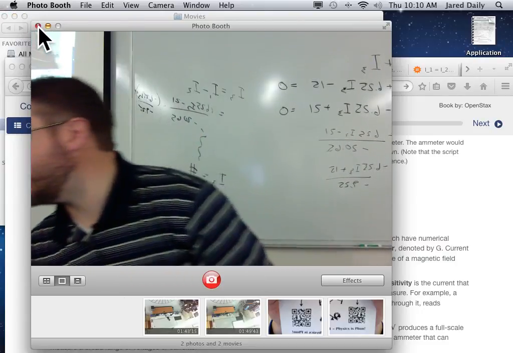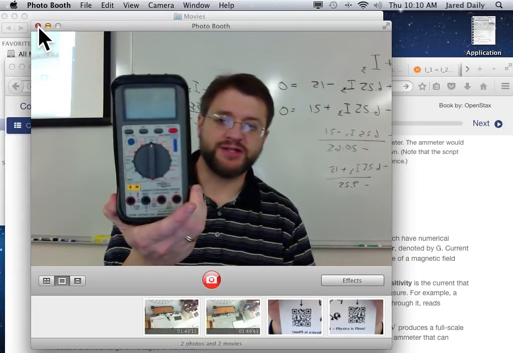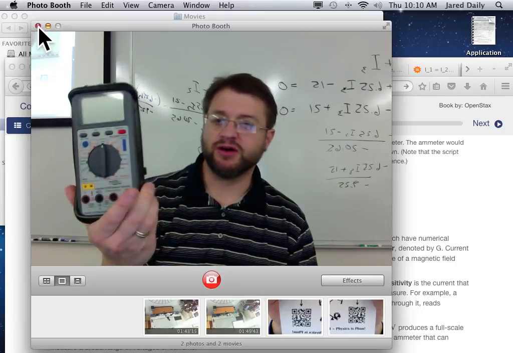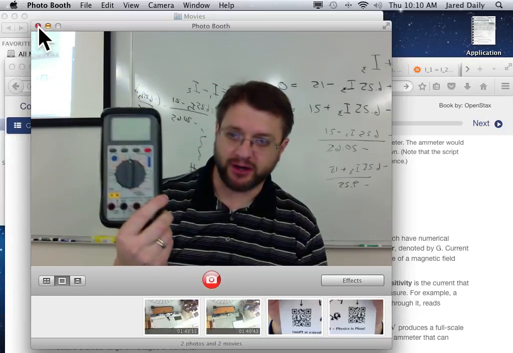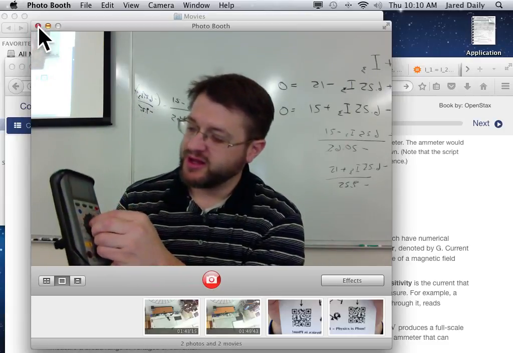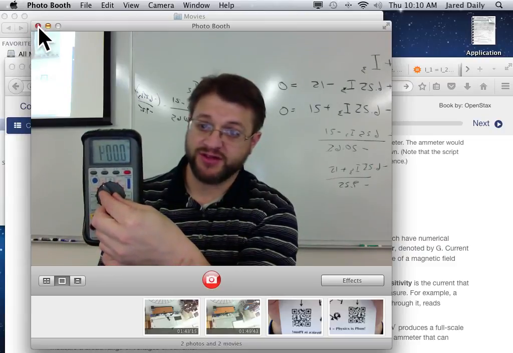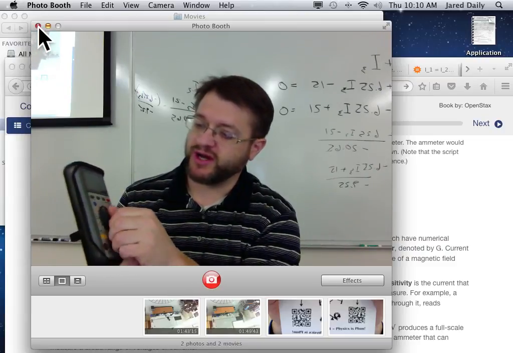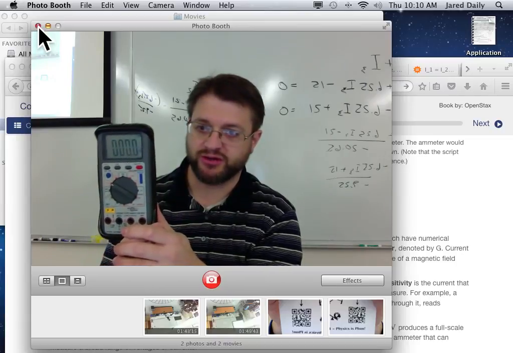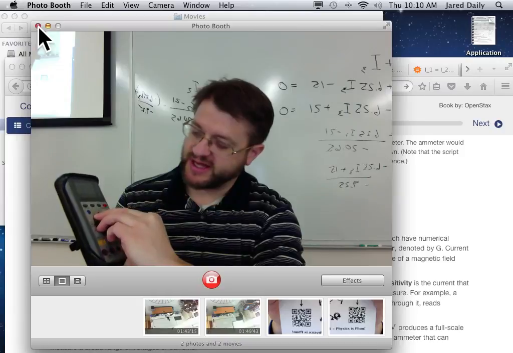Then we have our digital voltmeter, right? This is called a digital multimeter because it does many things. It can be set up so you can change it here to measure AC voltage, so that's alternating current voltage, or you can turn it over here to DC voltage to measure direct current voltage, or you can choose to measure your current down here.